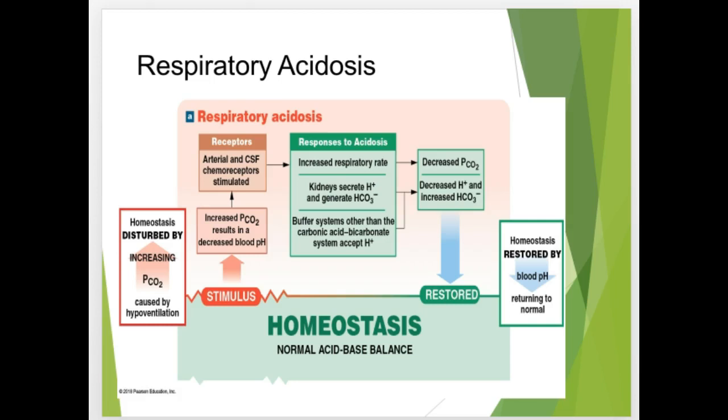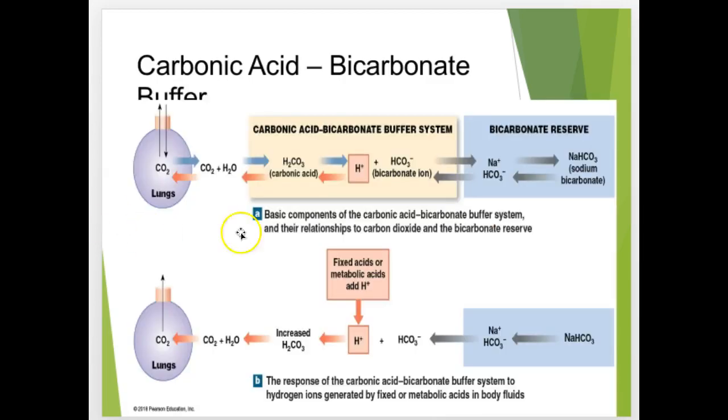Let's say you have like 2 to 3 days of bad diarrhea, right? You're losing intestinal bicarbonate, and therefore when you lose that bicarbonate, let's go back up here to our equation. If you're losing bicarbonate, you're actually then retaining more CO2.